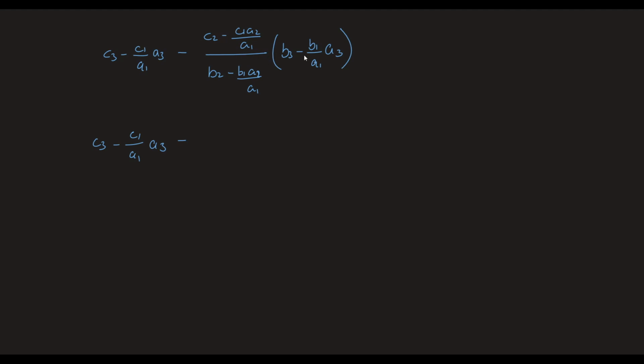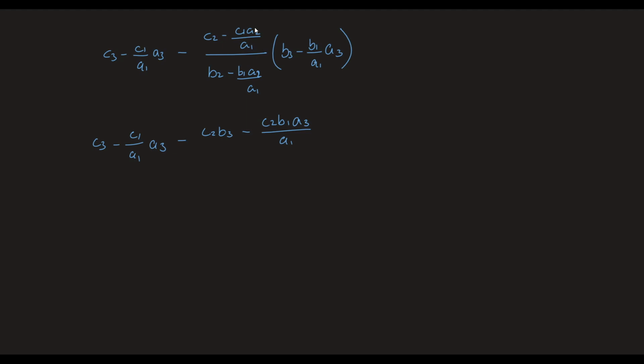So the first term is going to be C2 times B3. Second term, C2 times minus B1 A3 over A1, so that's minus C2 B1 A3 all over A1.